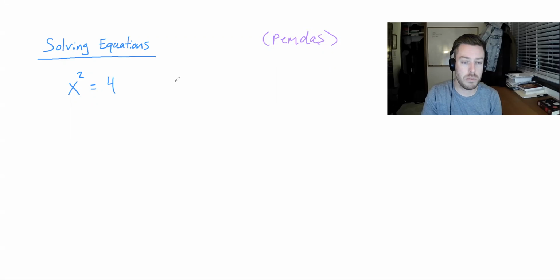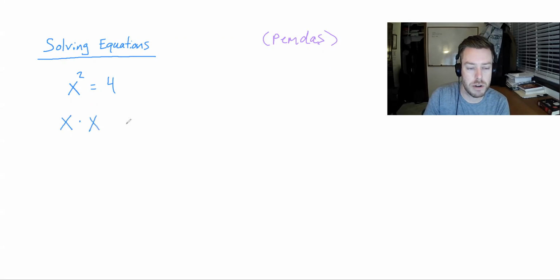And so what we know we can do is we can take the square root of both sides and we can solve for x. So this x squared here can also be written as x times x, right? And this is the definition of a square root. It's equal to 4.